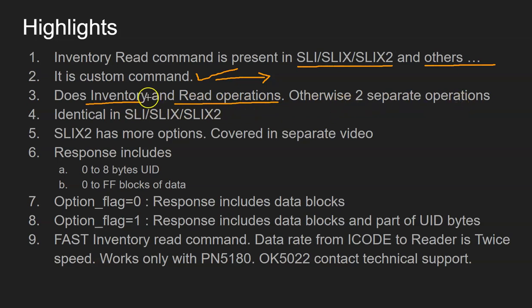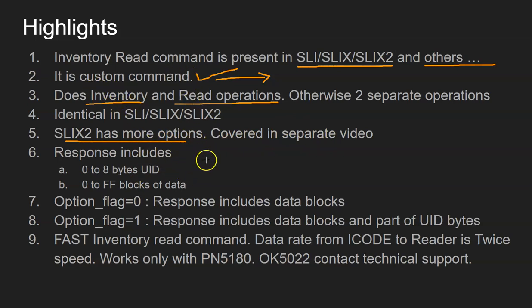Doing the inventory and the read together is much quicker than doing them as two separate commands. Command and functionality wise, it's identical in SLI, SLIX and SLIX2 tags. However, SLIX2 has more options, and I'll be making a separate video on that.